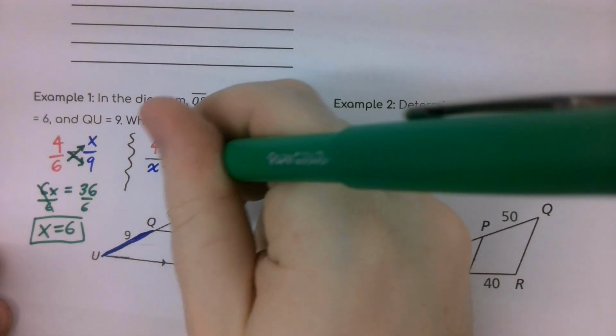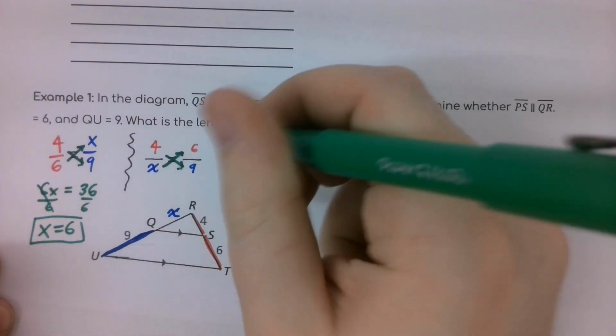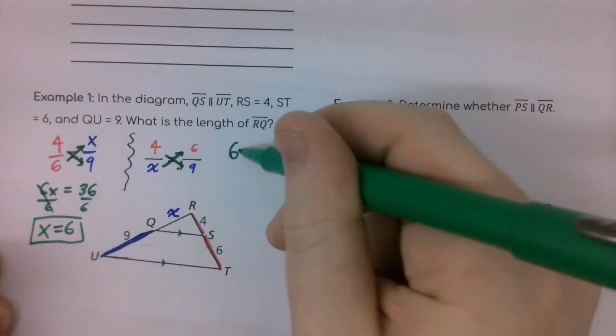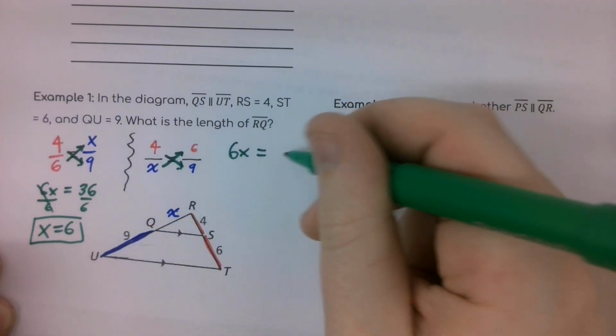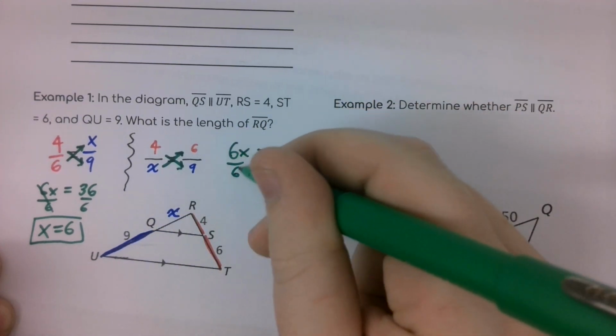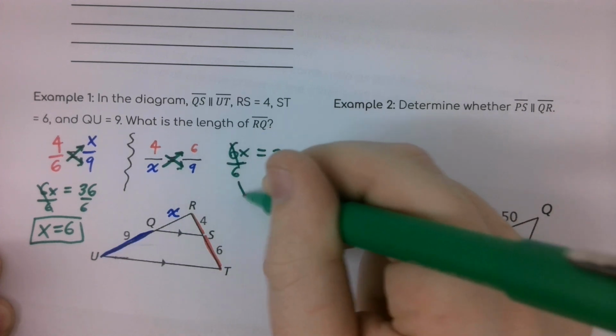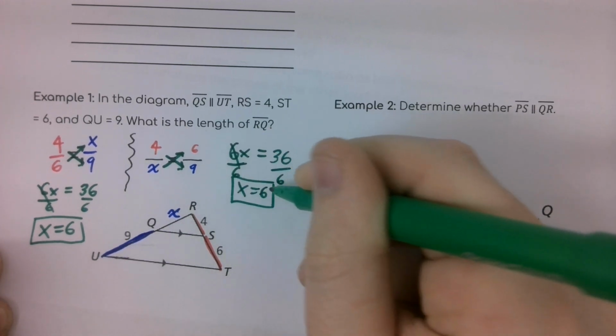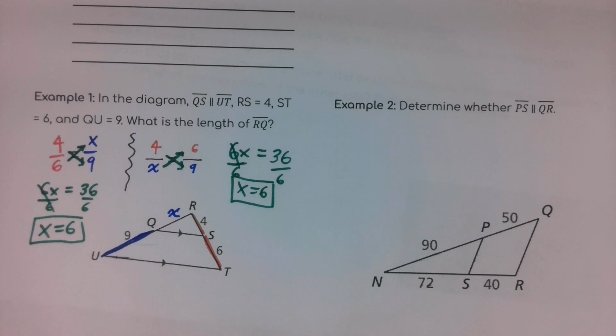Even if we did the cross multiplication on this one, we'll see that it works out the same way. X times 6 is 6x, 4 times 9 is 36. It's the same equation. So when we simplify it, we get the same answer. No matter how you set up your proportion, as long as you're consistent and you match the corresponding parts, you can do it. Very nice.